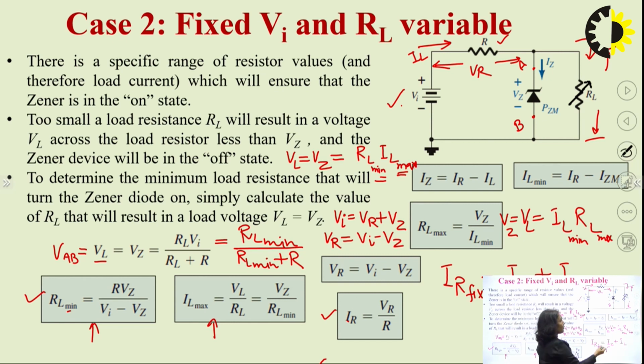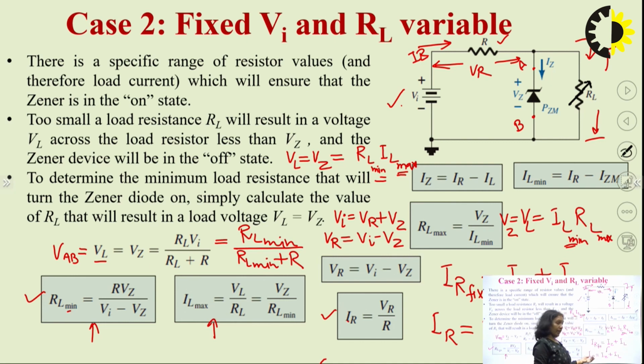So first we need to calculate the IL minimum. How do we calculate IL minimum? IR is a fixed value that is equal to IZ plus IL.